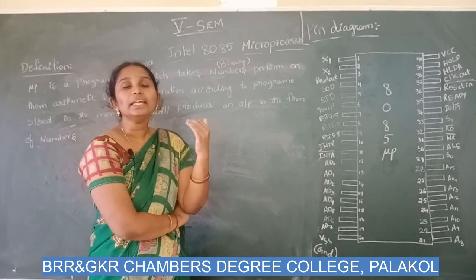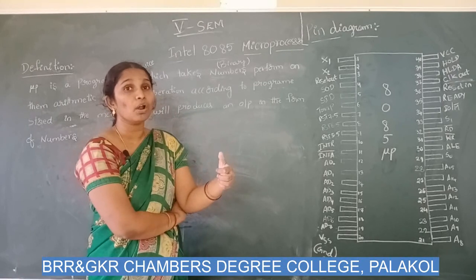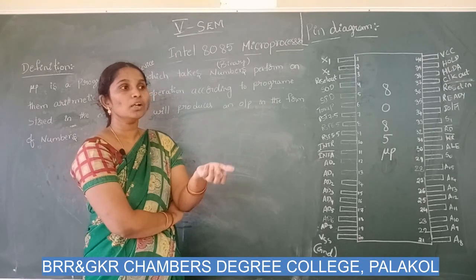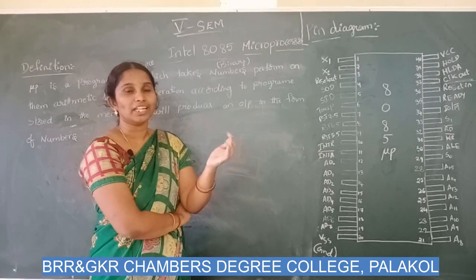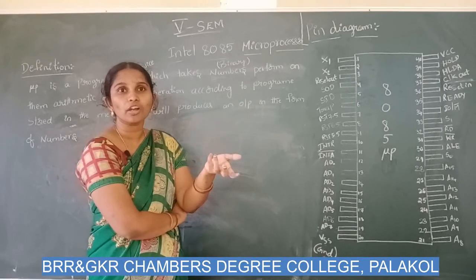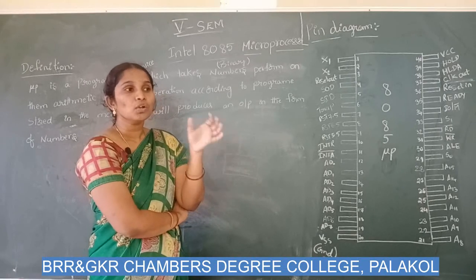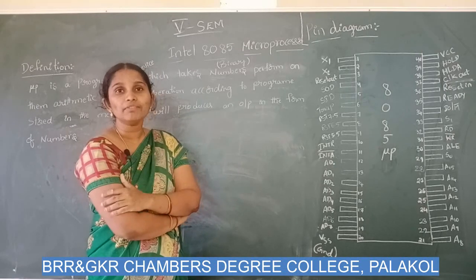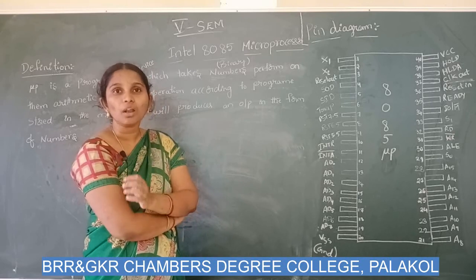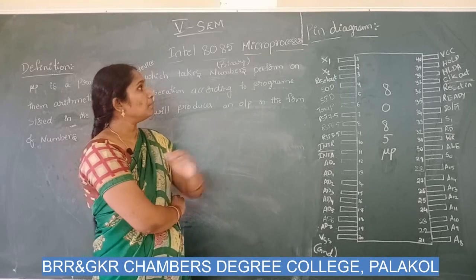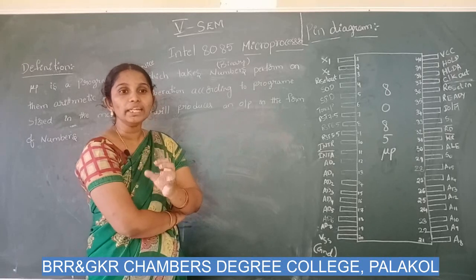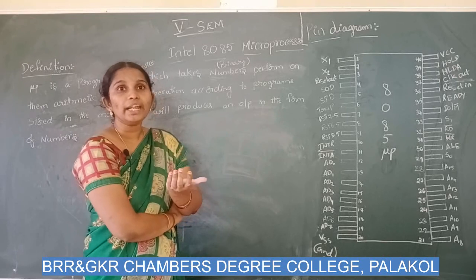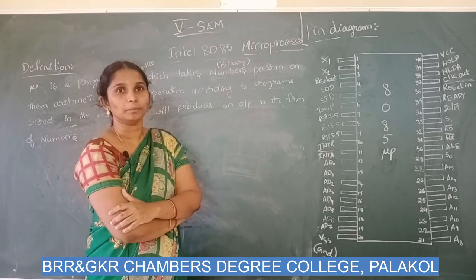That assembler converts the assembly level language into machine level language. Assembly level language is whatever language we use to write the program, like C or C++, and that language is converted into machine level language. Machine level language is nothing but a low level language. So a microprocessor knows only the hexadecimal numbers. It can easily understand the hexadecimal values.